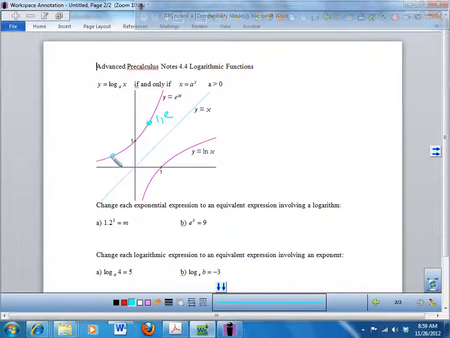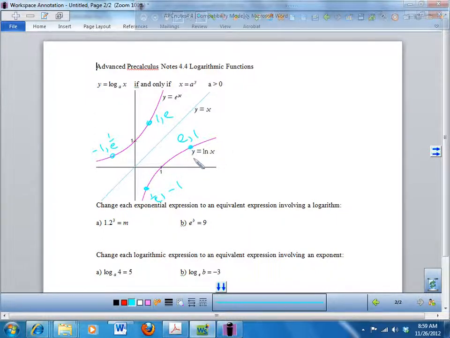It also goes through the point (-1, 1/e). And then this point would be (1, 0). And this point, somewhere over here, would be (e, 1). And somewhere over here would be (1/e, -1).